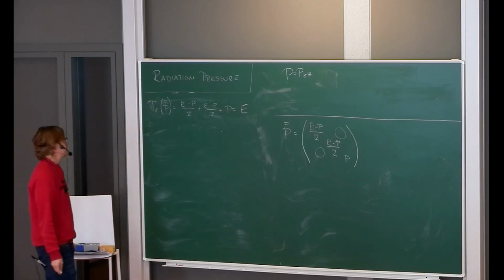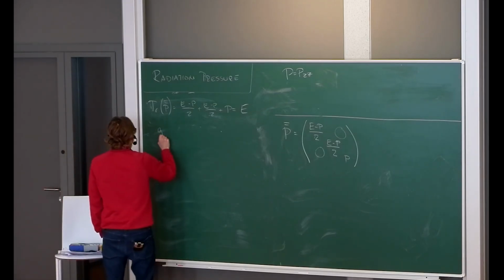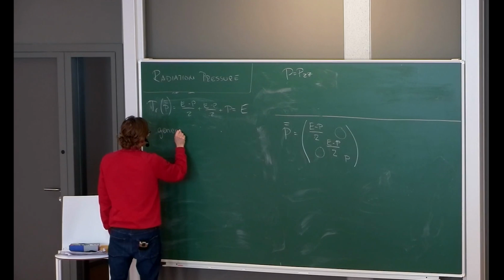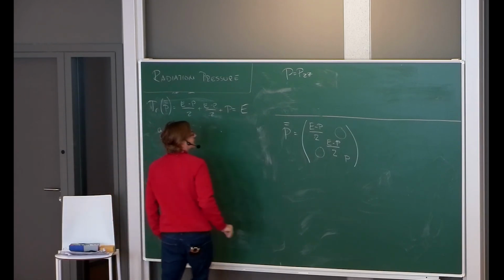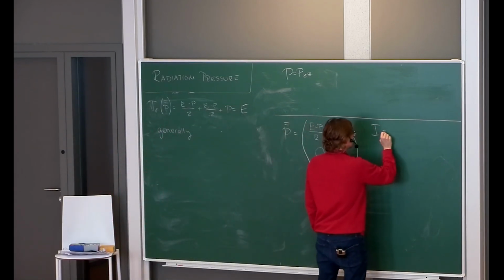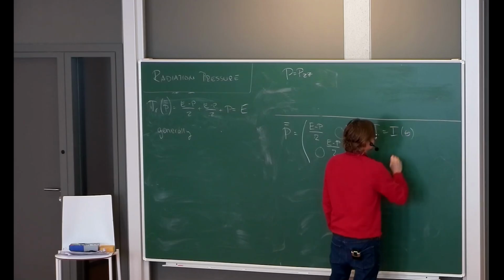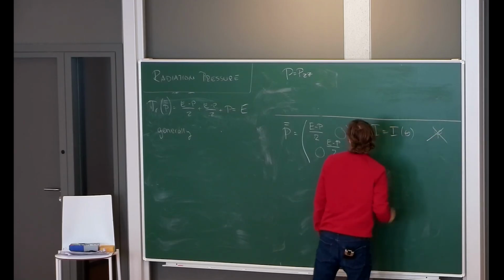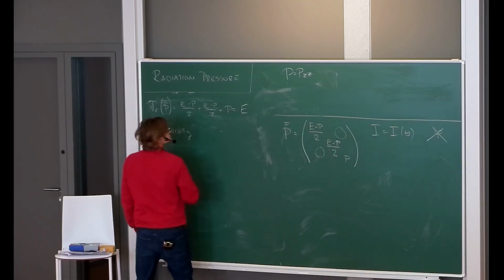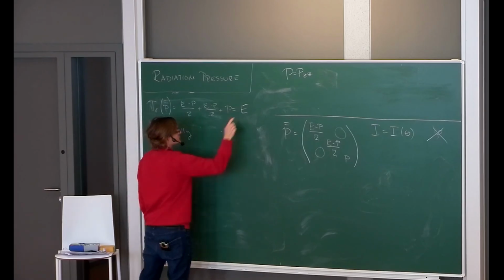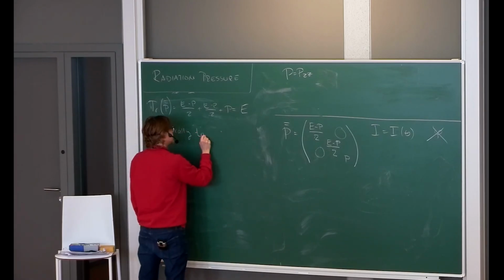And that's actually generally valid, not just for this case where we had I as only a function of theta, so no phi dependence. The trace is always the energy density; that is generally true.